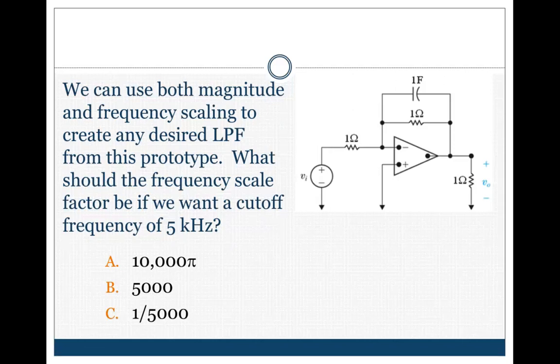What should the frequency scale factor be if we want a cutoff frequency of 5 kilohertz? That's 5 kilohertz times 2 pi radians per second, or 10,000 pi, which is answer A. So A is the correct answer here.